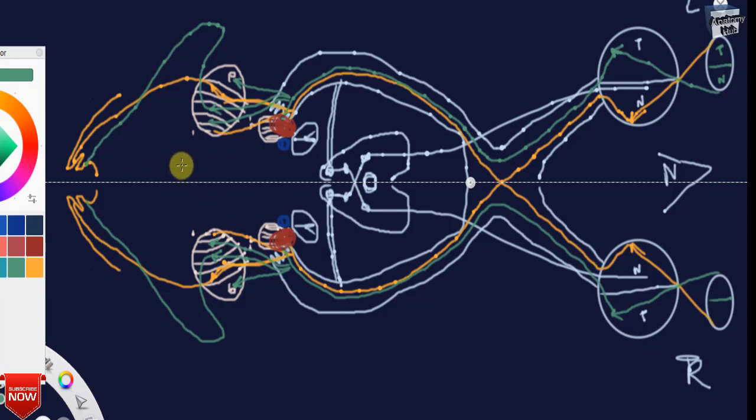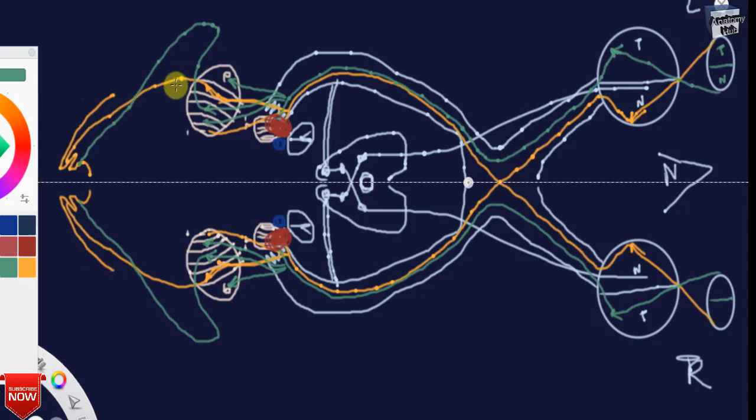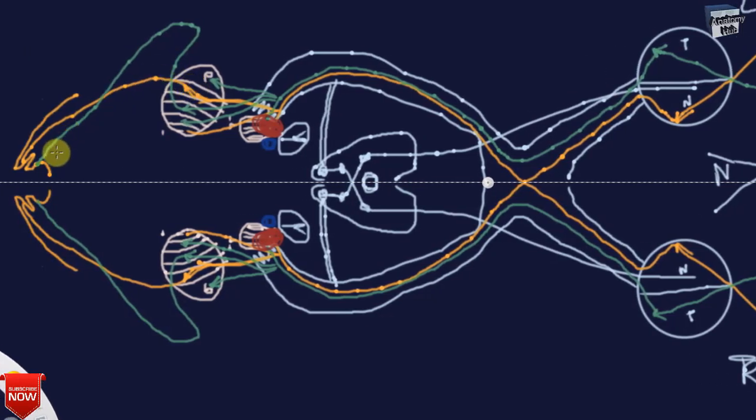In this way they relay to the visual cortex area present at the occipital lobe, and this pathway is your geniculocalcarine pathway, in the form of your optic radiations.